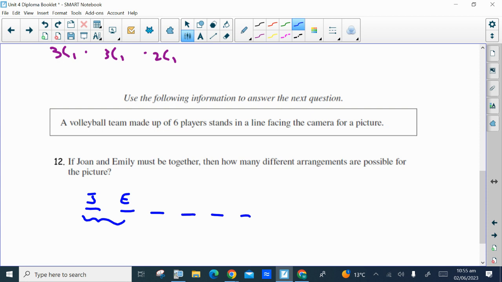Plus the remaining 4 athletes gives us 5 objects to arrange. They could be done in 5 factorial ways. But we also must multiply by 2 factorial, which are the ways that Joan and Emily can be arranged amongst themselves. Joan first, Emily second, or Emily first, Joan second. 2 factorial is 2. So that'll be 120 times 2, which is 240.